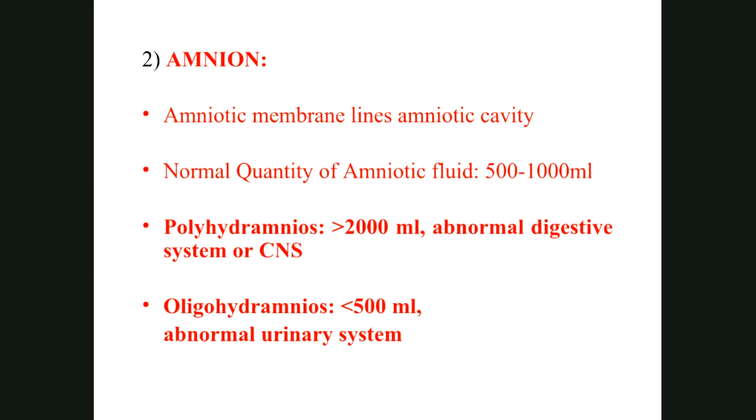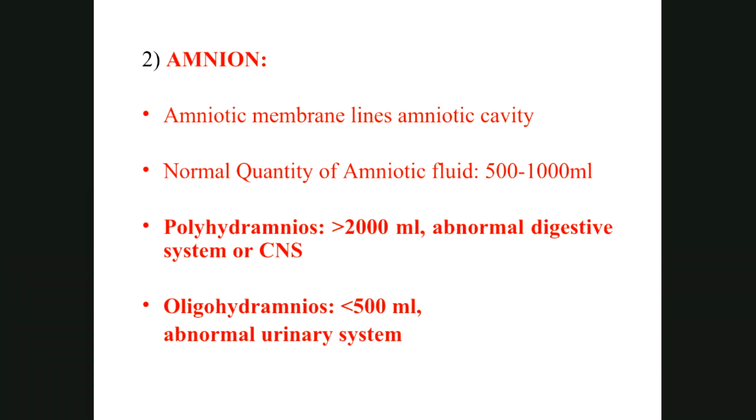If there is an abnormal central nervous system or abnormal digestive system, it gives rise to polyhydramnios. So the fluid is more than 2000 ml, so 2 liters of amniotic fluid. If the quantity of the fluid is more than 2 liters, then it will be polyhydramnios.